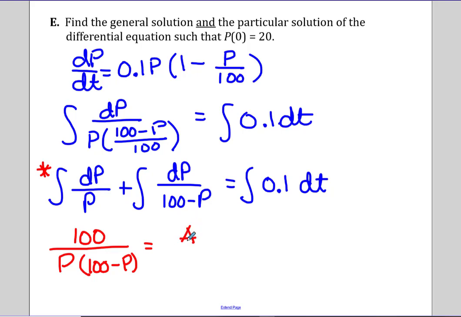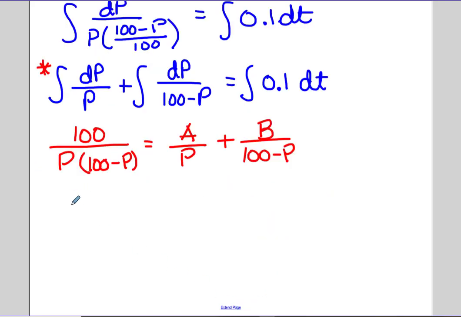And we've got A over P and B over 100 minus P. So if we have 100 here, we've got A times 100 minus P plus B times P. So if P is 100, we'll kill this off.